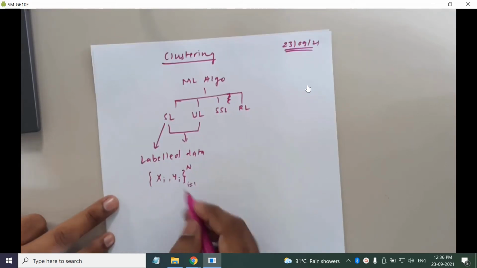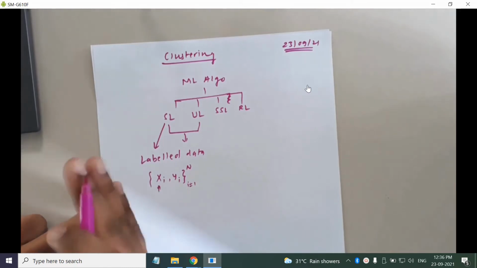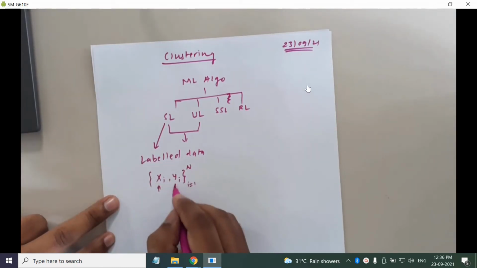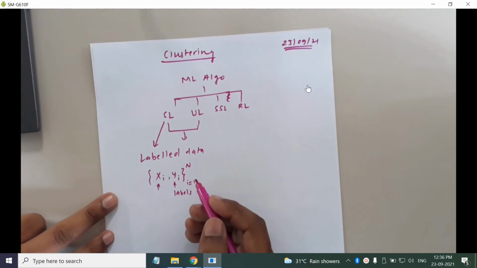So if you have n samples, you have input data and output data. So yi are the labels, the actual class of that instance.